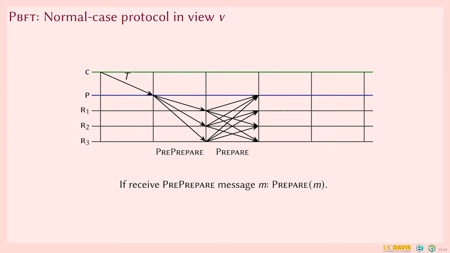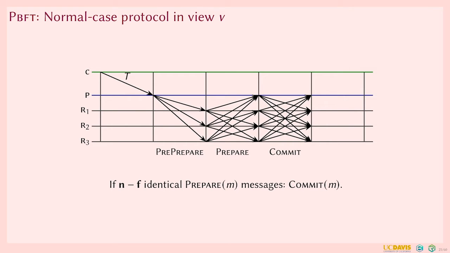And if a replica determines that enough other replicas got the same as they did, namely n minus f other replicas got it, then they will commit to the proposal of the primary. And if they commit, they basically say, well, as long as this primary stays operational, in this round I will stick to the pre-prepare message that I received.